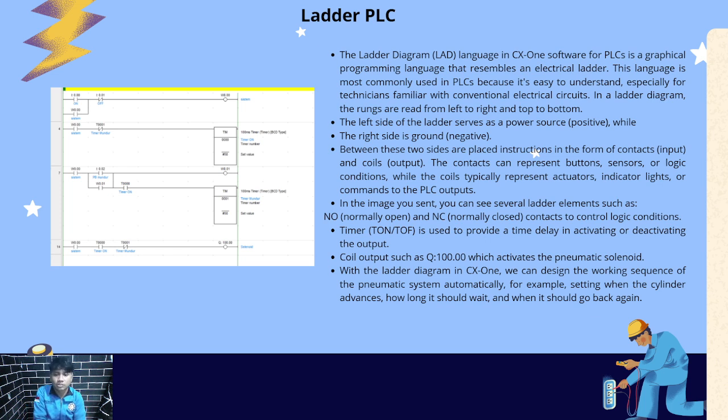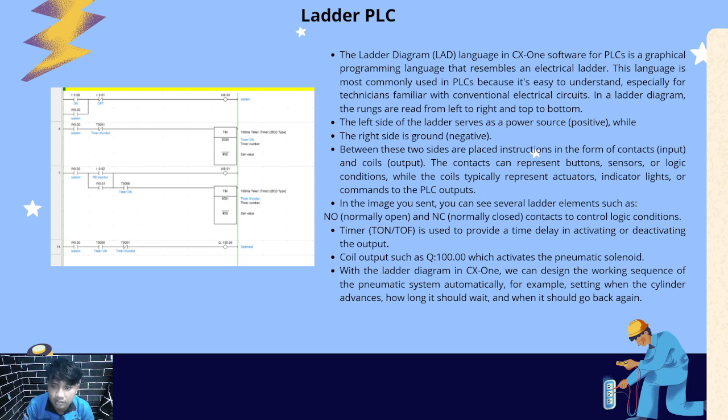The left side of the ladder serves as the power source, positive, while the right side is ground, negative. Between these two sides are program instructions in the form of contacts, or inputs, and coils, or outputs.